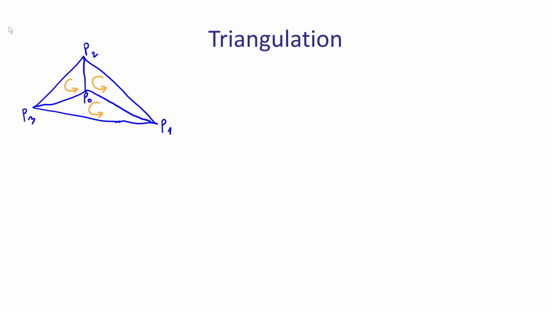The area of the original triangle could be written as a sum of areas of three triangles like that. So it's the absolute value of P1, P2, P3.